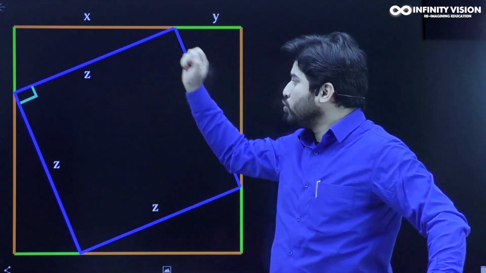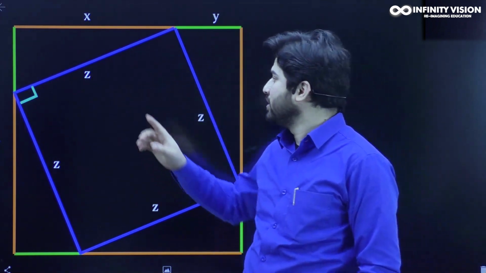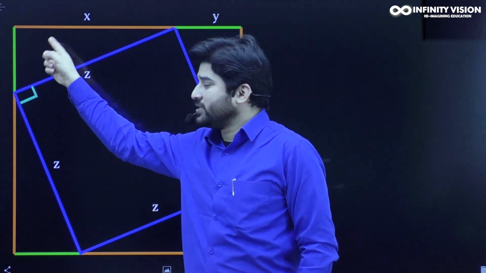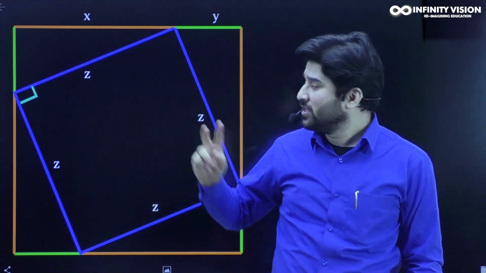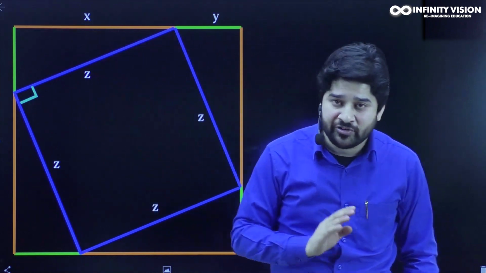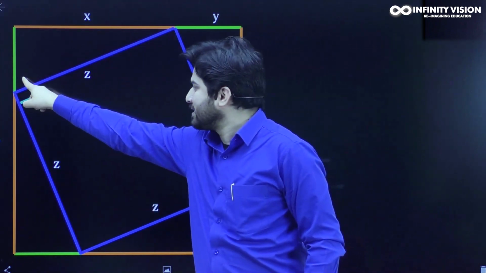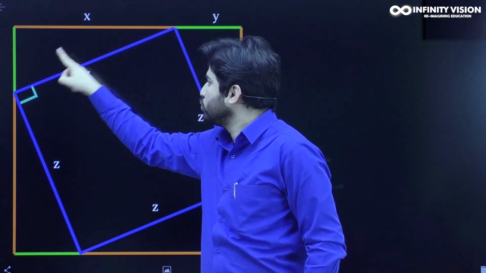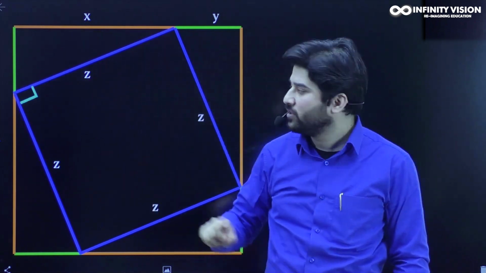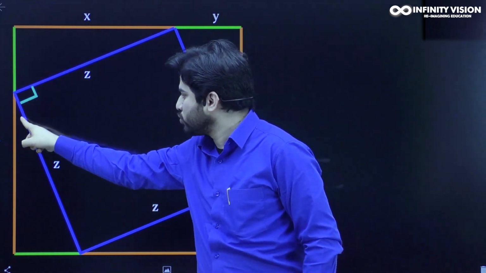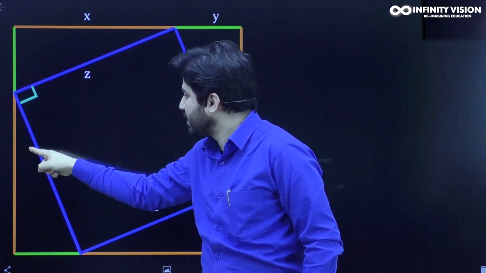But if you look into a right angle triangle, the other 2 angles other than 90 degrees are complementary angles. So if I call this angle A and this angle B, then A plus B is going to be 90 degrees. So if this is A, this is also going to be B, because these 2 triangles are congruent.